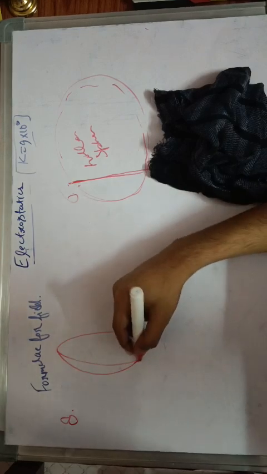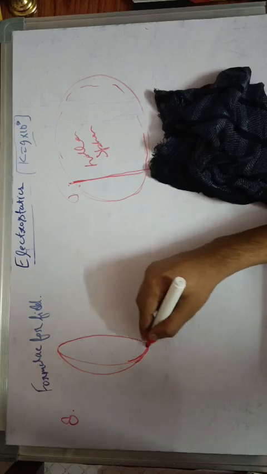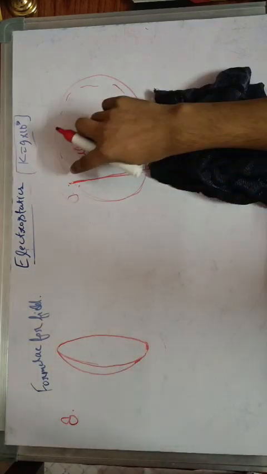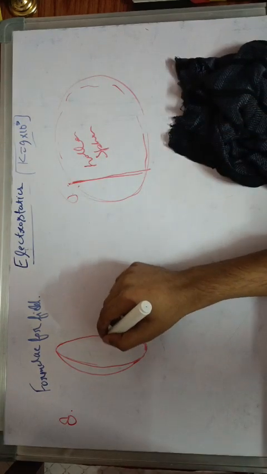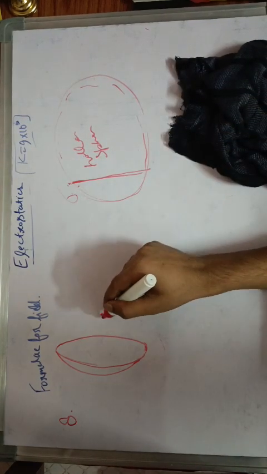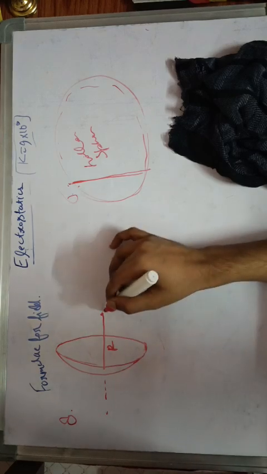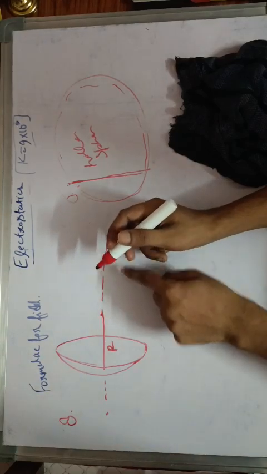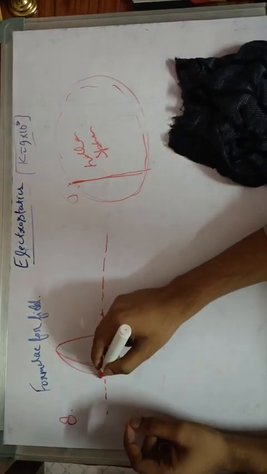This is the part of this sphere which I have cut, and let's say this was the center of it, and its radius was r, and this was the axis through it. I have made a line symmetrically passing through this sphere from its center point.